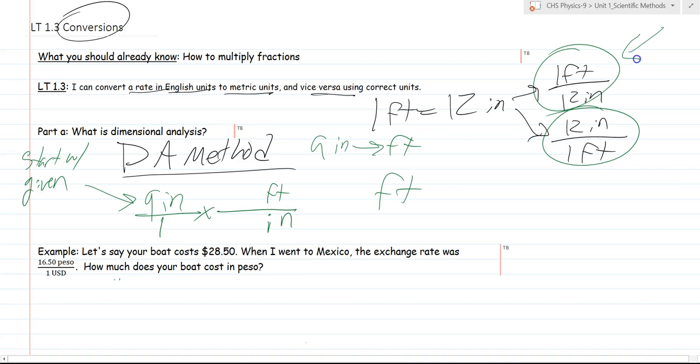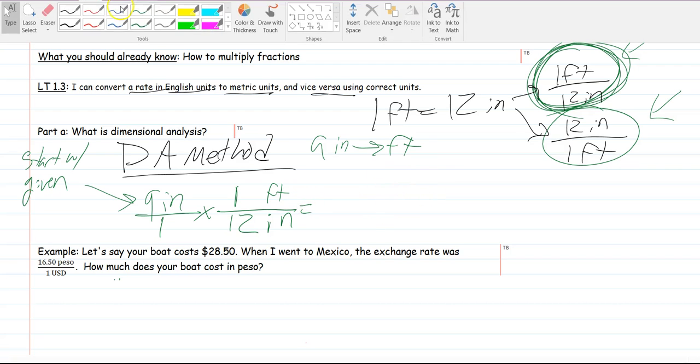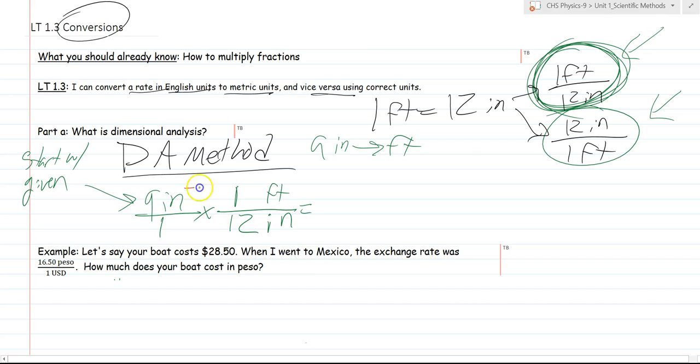Then we come back over here and we look at, well, which one has feet over inches? It's this one right here. This is the ratio I want to use. So I'm going to put my 1 foot there and my 12 inches there. And then all that I have to do is, I'm going to change color so you can see, you multiply straight across the top and the bottom, and then you divide. So I end up doing 9 times 1, which is 9, and 1 times 12, which is 12.